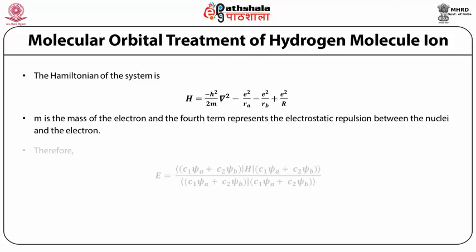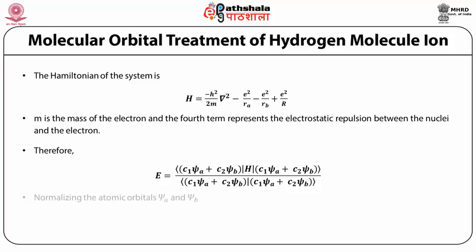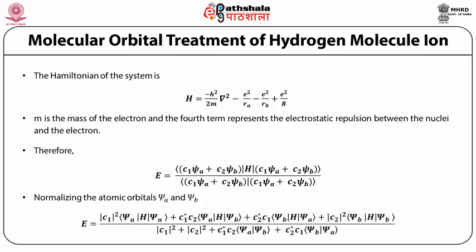So, E is equal to C1 psi A plus C2 psi B, H, C1 psi A plus C2 psi B, upon C1 psi A plus C2 psi B, C1 psi A plus C2 psi B. Normalizing the atomic orbitals psi A and psi B, E is equal to C1 square psi A H psi A plus C1 star C2 psi A H psi B plus C2 star C1 psi B H psi A plus C2 star square psi B H psi B upon C1 square plus C2 square plus C1 star C2 psi A psi B plus C2 star C1 psi B psi A.